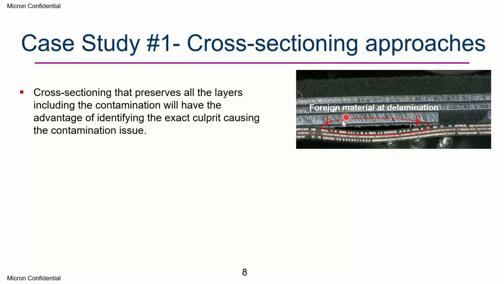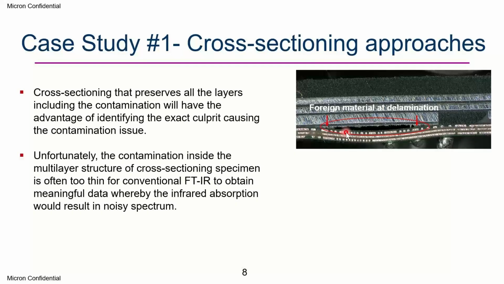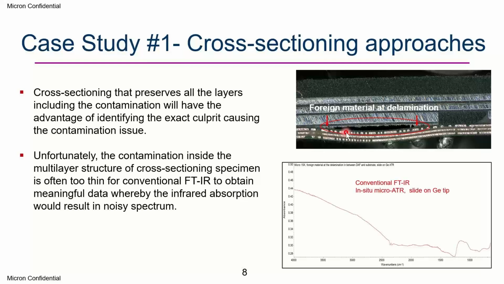If we use conventional FTIR, even with a micro ATR with a germanium crystal of only 0.5 millimeter, it turns out to be too thin for the conventional FTIR to obtain meaningful data, and we get a noisy spectrum. So with a mechanical cross section of a very small area, conventional FTIR will always have a limitation for the analysis.